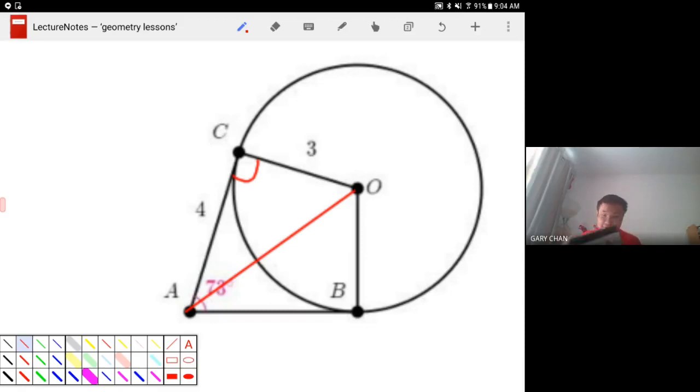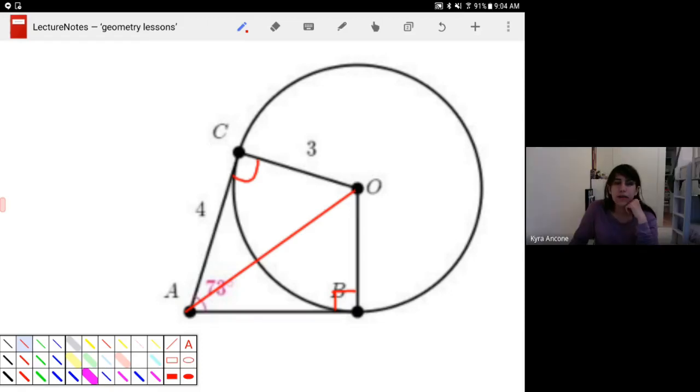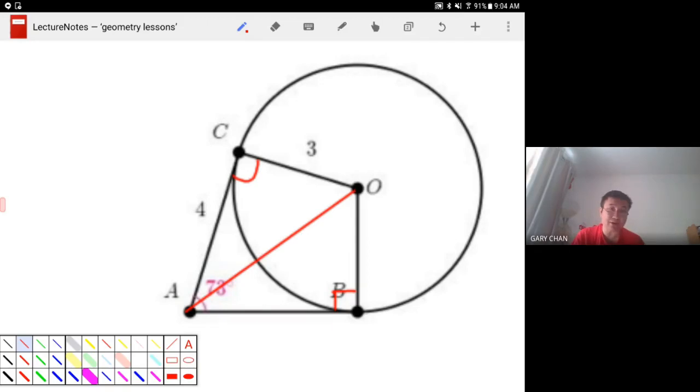So I have two 90-degree angles there. And what kind of triangles are these? Right triangles. That's right.